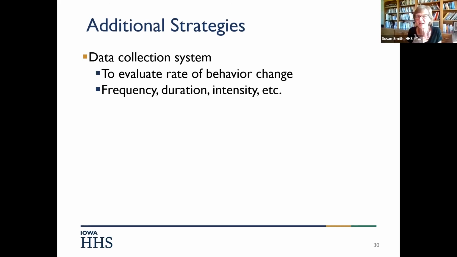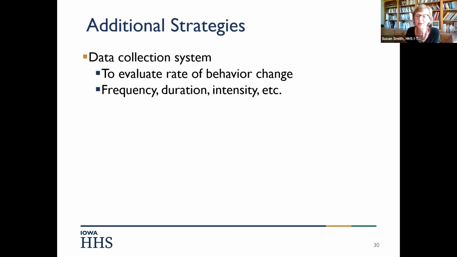Without it, we're relying on subjective reports, like, oh, things have gotten worse. And what we know is subjective reports really aren't as accurate as objective data. So one of the reasons we want to do it is to evaluate the rate of behavior, and also, I should have put a comma here, to evaluate the rate of behavior and also the rate of behavior change.